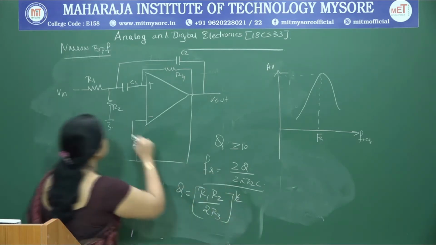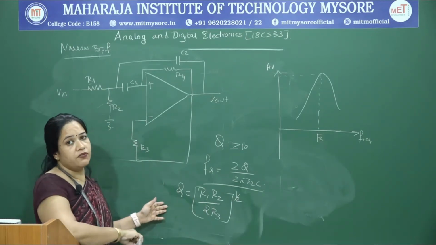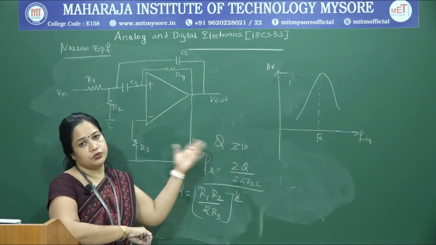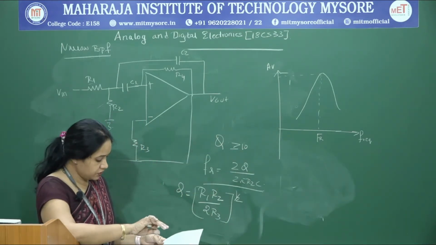So the resistance values R1, R2 and R3 together determine the quality factor, and it is designed to have a Q value of greater than 10, producing a narrow band frequency response.